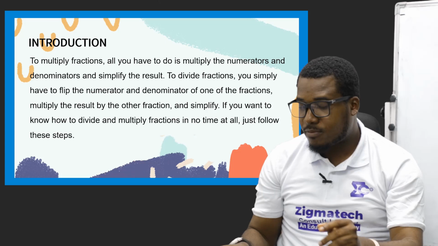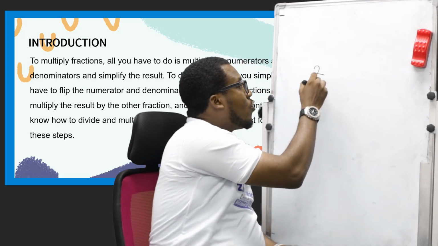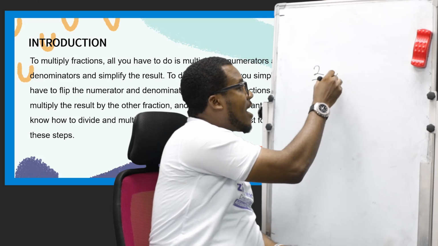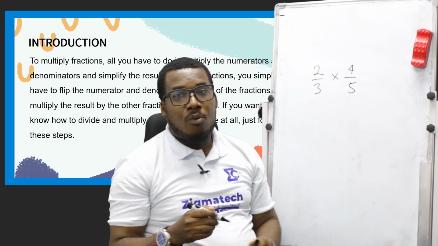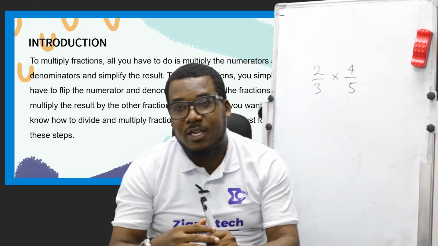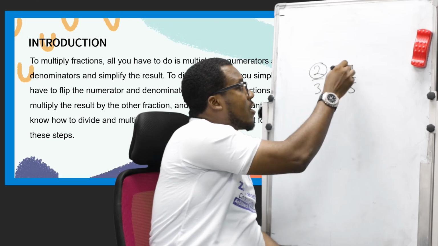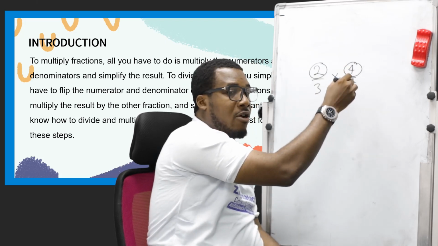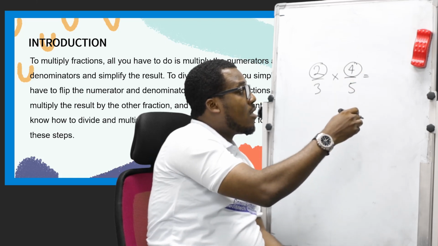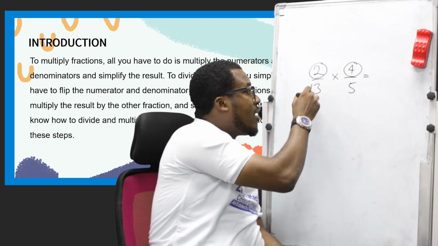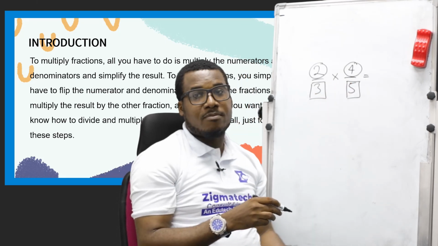What do I mean? Say for example, I have 2 over 3 times 4 over 5. What the statement there is telling me is everybody at the numerator level, I call them the upstairs, you multiply them, and then everybody at the denominator level, I call them the downstairs, you multiply them.